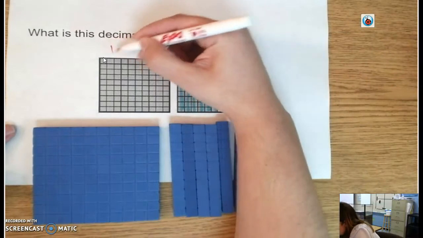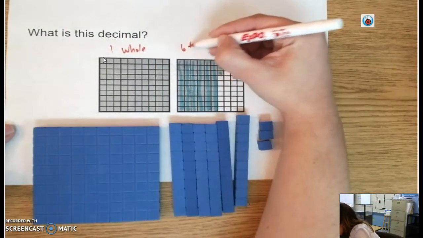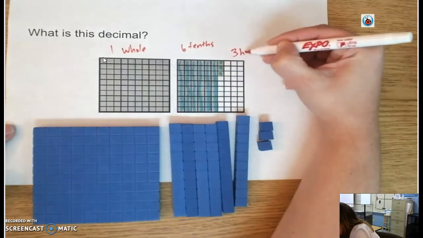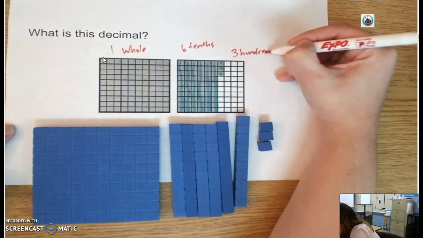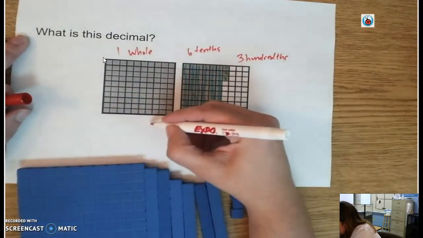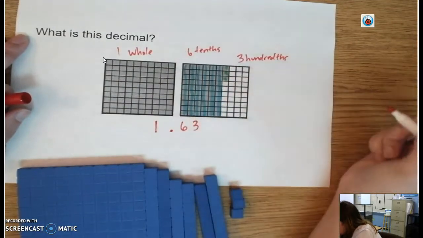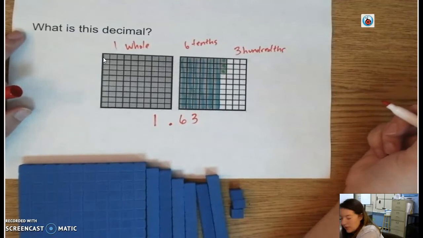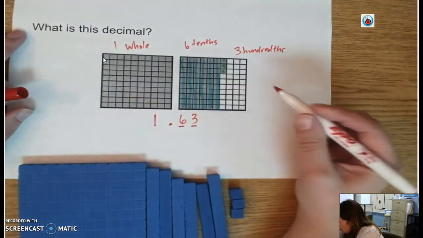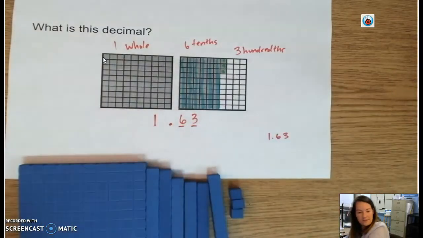So this is 1 whole, we have 6/10ths, and we have 3/100ths. Let's put the numbers down here. So it's 1 and 63/100ths, that's how I would write that. Remember, this is the tenths place, this is the hundredths place. So this number is 1 and 63/100ths.